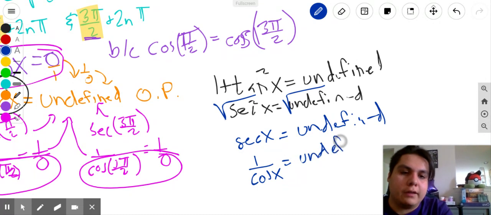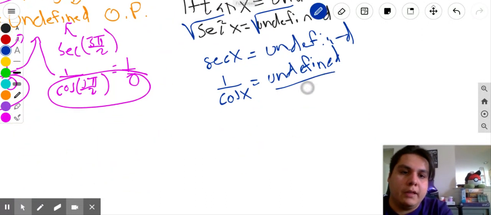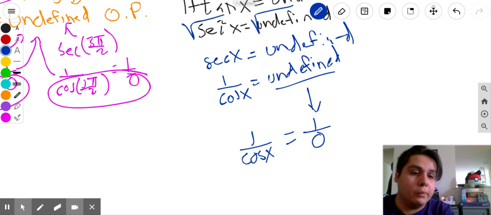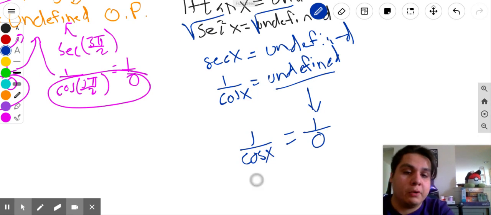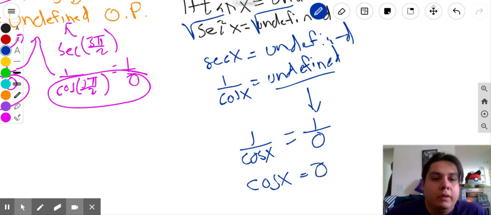And I know that something is undefined if it comes from a fraction. If I write this as 1 over 0, let's say, because if I have a common numerator, then I can work that, and then I can just take the reciprocal here and say cosine of x equals 0, and I get my answers.